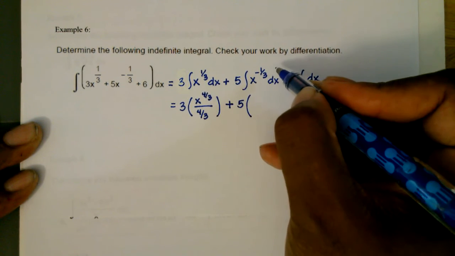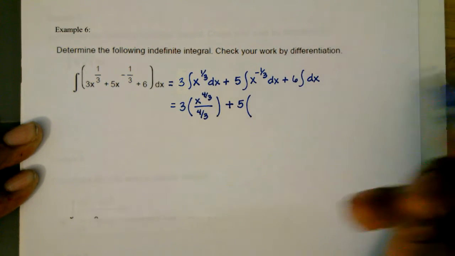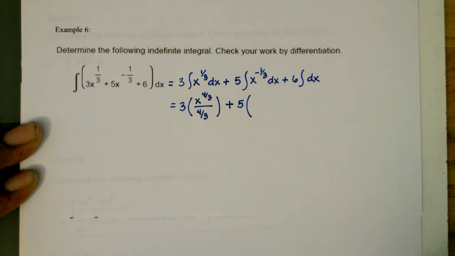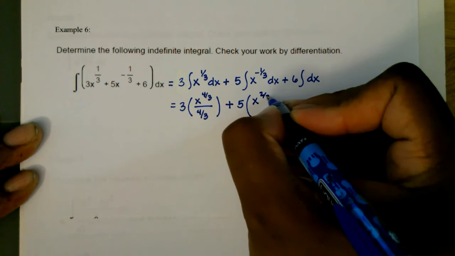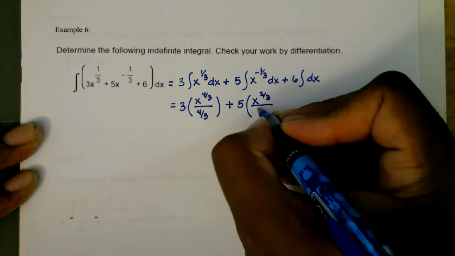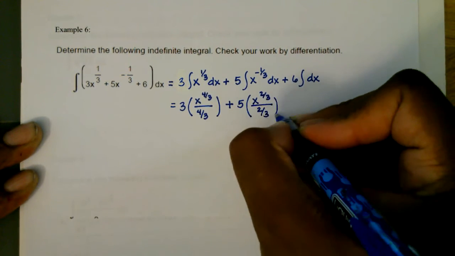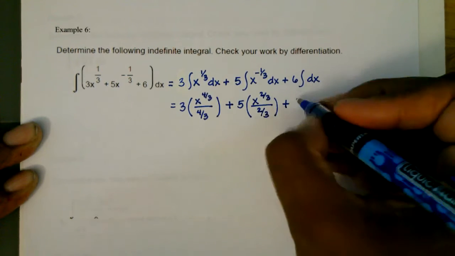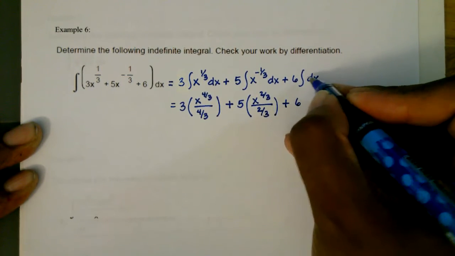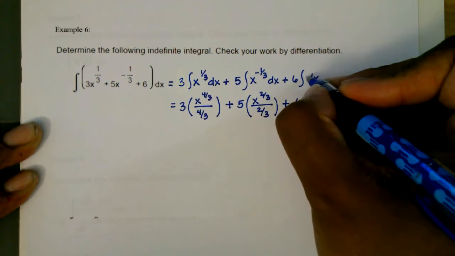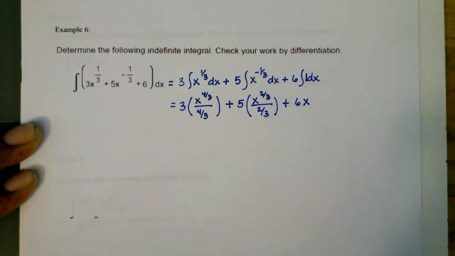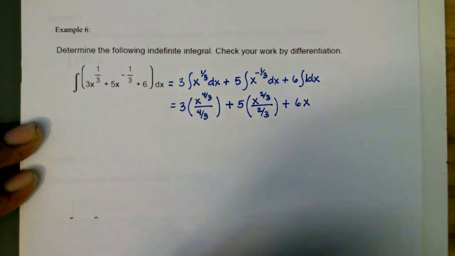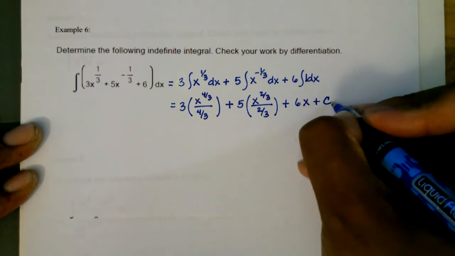Negative 1/3 plus 1 whole. Well, 1 whole is 3/3, but if you add negative 1/3 to that, it will be 2/3. So I have x to the 2/3 divided by the new power of 2/3 plus the 6 integral of 1 dx. The integral of 1 dx will just be x. And then plus c.